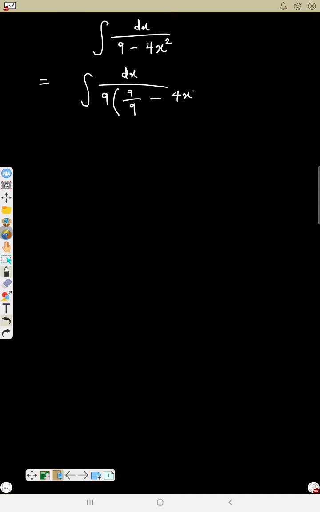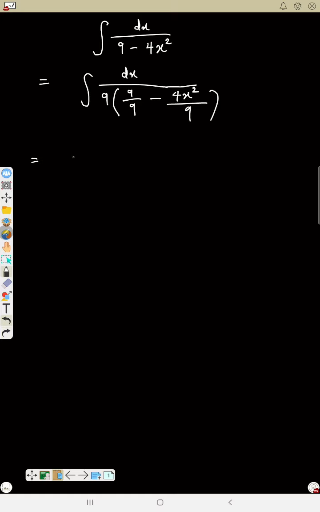Then 4s squared divided by 9. So anytime you say something is common, that means you are dividing everything by that thing. So now I'm saying 9 is common, that is I want to factor out 9, so I'm dividing everything here by 9.